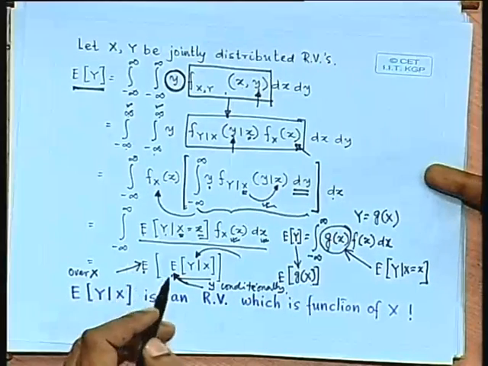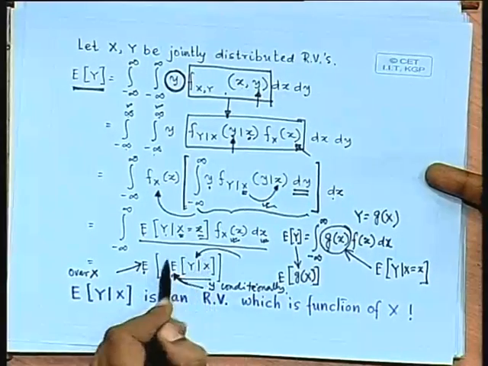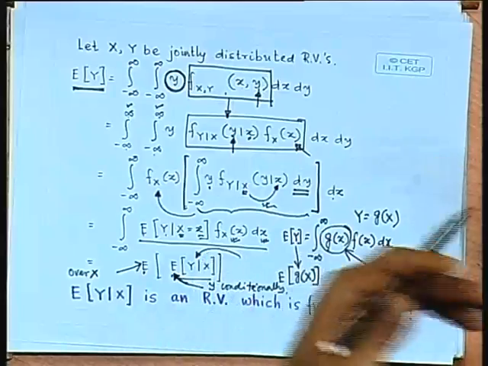In other words, what I wanted to say is that this conditional expectation itself is like a function of x. So when you write the expectation of y given x, it is a function of a random variable x, simply because the expectation value depends on x. If you take x greater than 65, you will get one value. If you take x greater than 55, you will get another value.